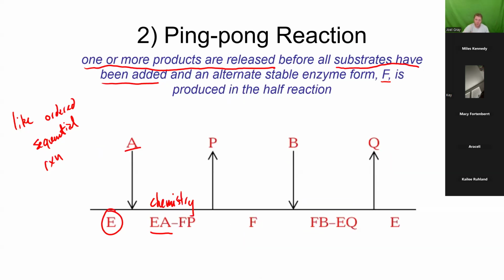Here, we bind one substrate and the chemistry occurs, which gives us our first product. Okay, so I'm going to do some erasing. A becomes P. Got it. E becomes F. Wait a minute. A becomes the new product. That new product is the first product that's released, P.